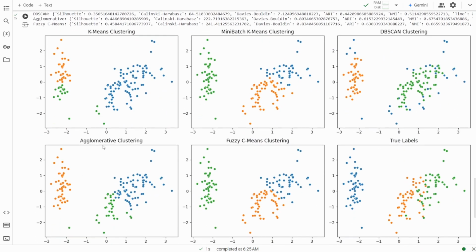Yep. If we take a closer look, that's quite interesting since K-Means is showing some strange results. However, that is expectable due to its nature.